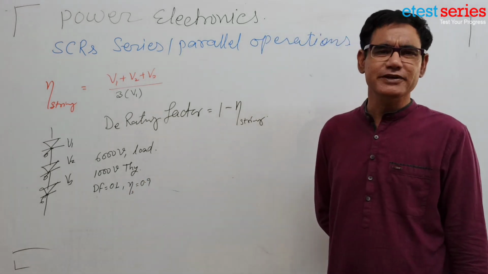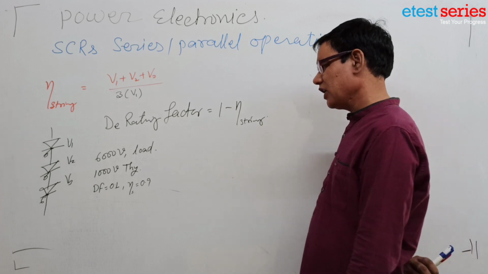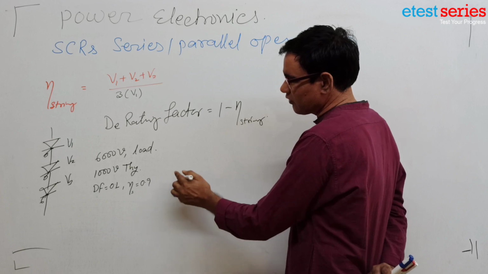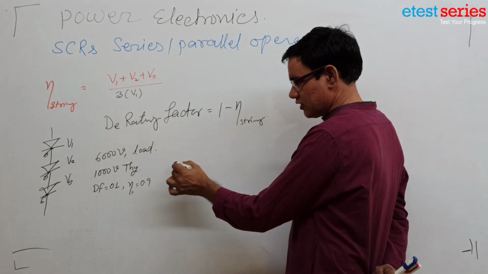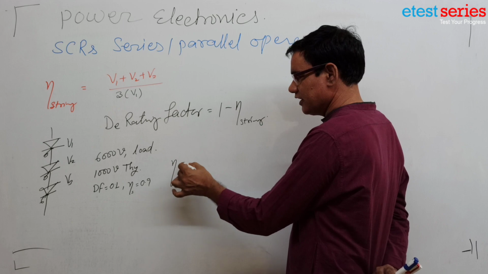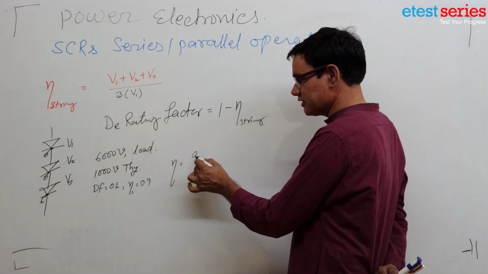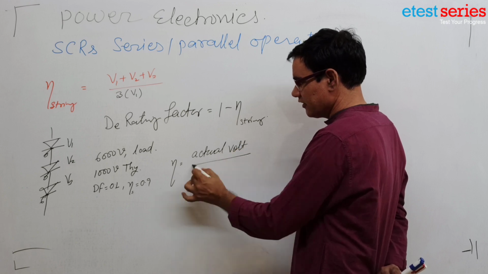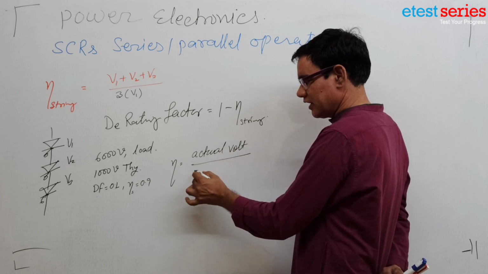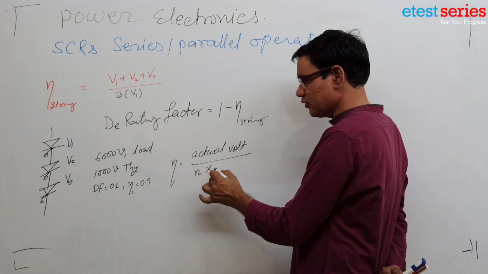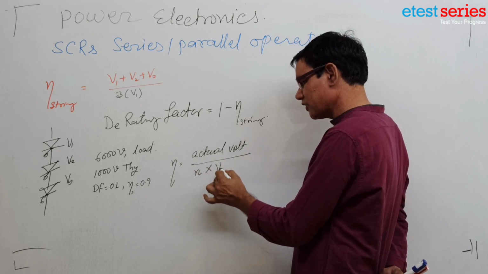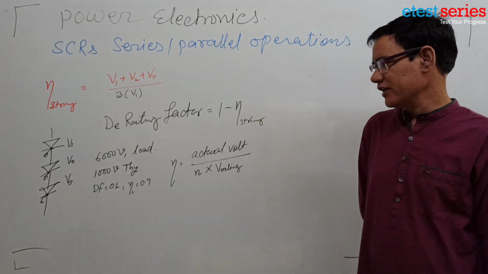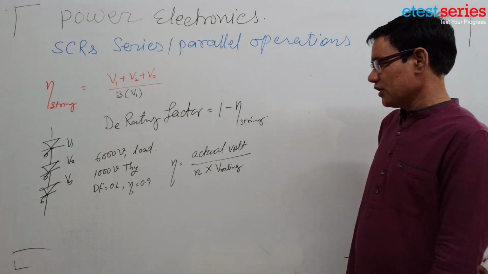So how many SCRs are required? We can calculate that. String efficiency is equal to the actual voltage divided by n, the number of SCRs, times the voltage rating of one SCR.